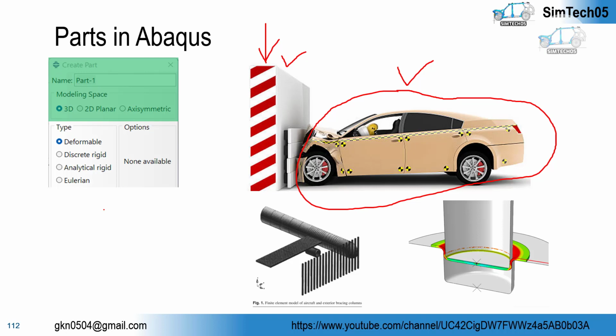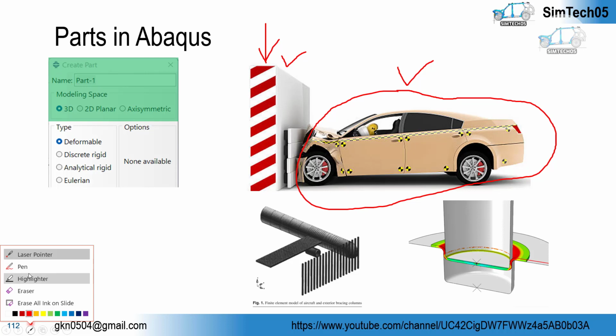See, here, let me check on the laser point. Here, we are interested to find out the results on this vehicle, not on the wall. Of course, there will be damage in the wall, but we are not interested in the results on the wall at all. So that's why, to reduce the complexity, again we can consider this component as a rigid component.